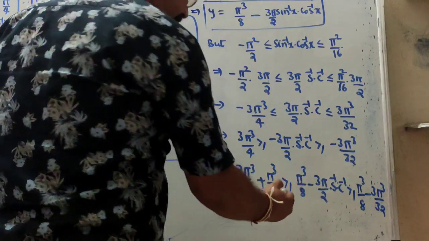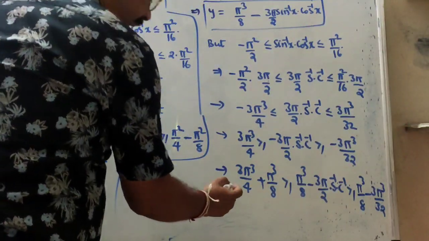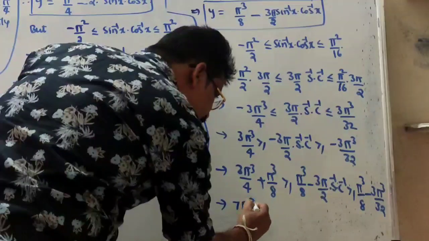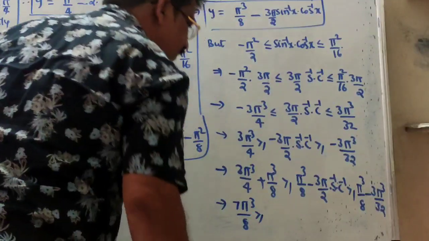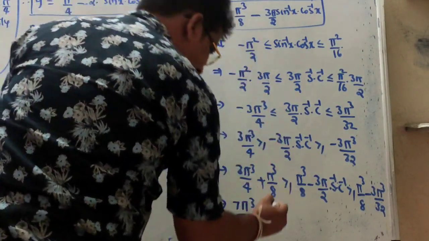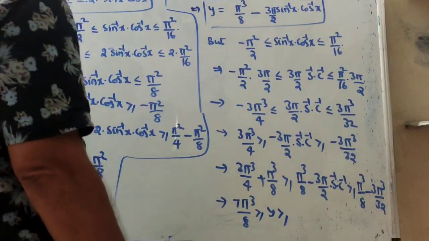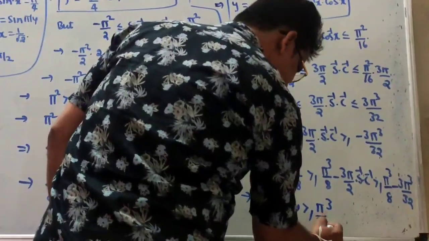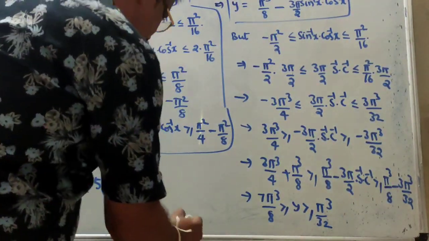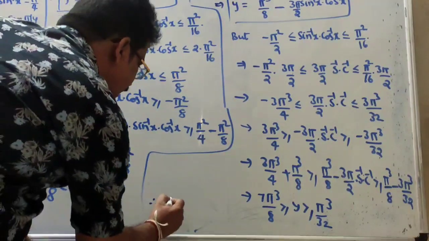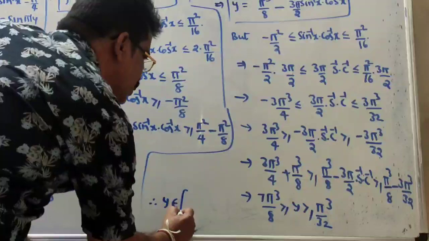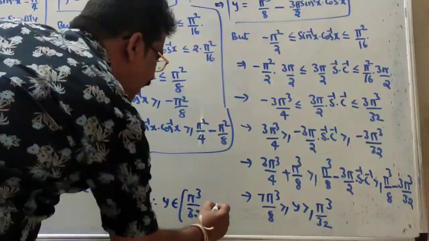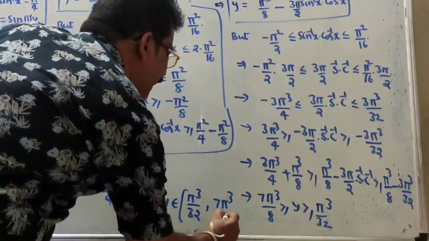So on simplification, 7 pi cubed by 8 is greater than or equal to y, which is greater than or equal to pi cubed by 32. So for this question, y belongs to the closed interval of pi cubed by 32 comma 7 pi cubed by 8.